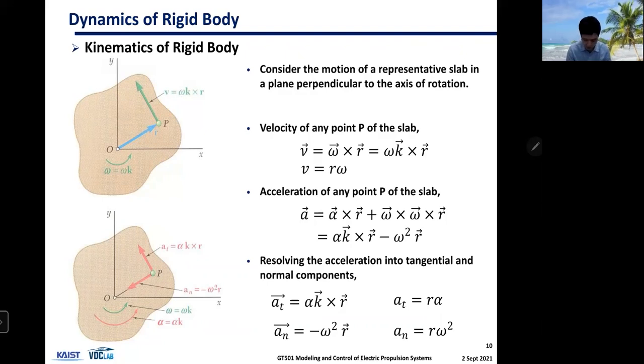Here, you can find these equations from sophomore year dynamics textbook. This is just a two-dimensional example of the one we just tackled, and we're not really going to use these equations in this class, so I'm just going to fast forward this slide. But you can take a look at this slide and refresh your memory.